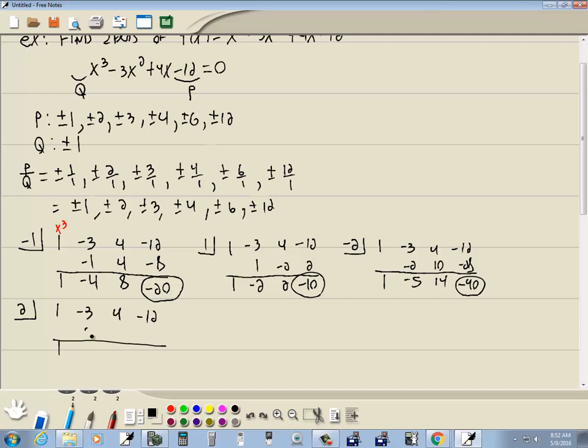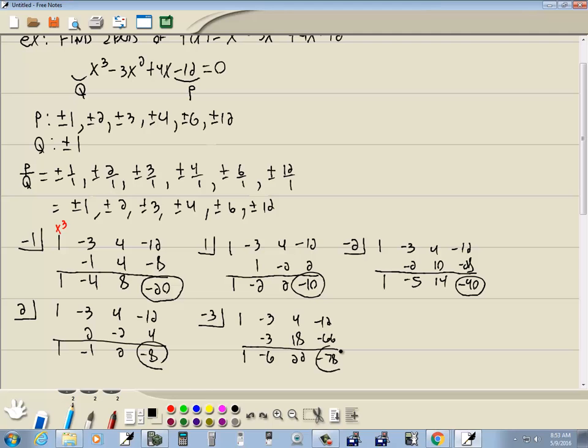Okay, so going through this one. Still don't have a 0 here. Now the next one, negative 3. Okay, so add, multiply, add, multiply, add, multiply, add.